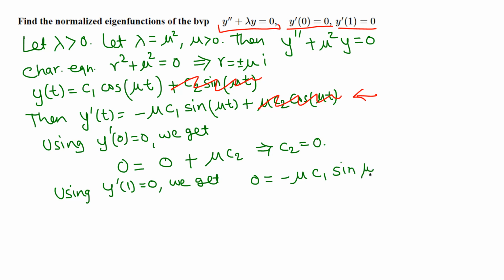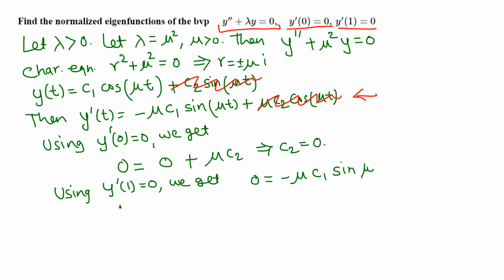And mu is strictly positive, so sine mu may or may not be 0. Okay, so in this case, mu is not 0, obviously mu is positive, and c1 does not have to be 0 because sine mu can be 0 at places. If we graph y equals sine x, then it becomes 0 at a lot of places, where x is positive.